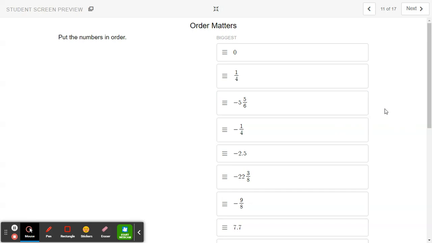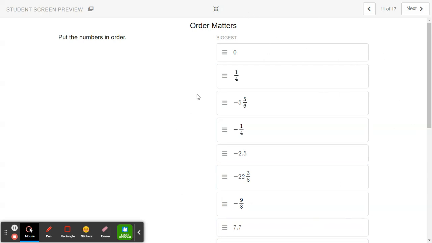My personal advice to you is to make all the fractions decimals, because I also have some decimals in here too. In our last unit, we learned how to make fractions into decimals. If we make all of these into decimals, it's going to be a lot easier to then put them in order.